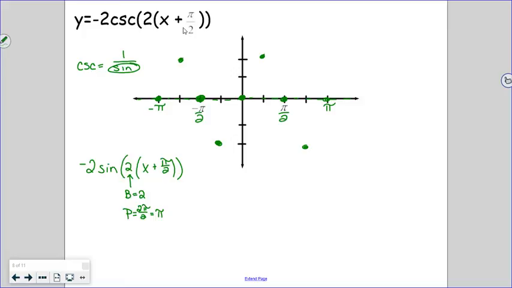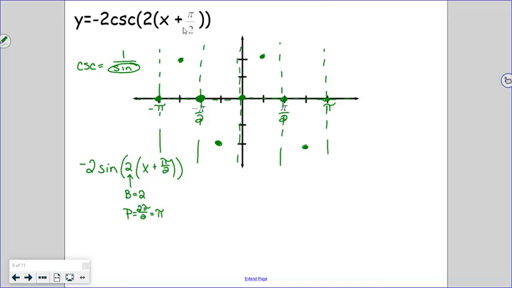So talk about the reflection over x and the amplitude and its impact on secant and cosecant. You need to get those into the sine or cosine curve that you are dotting out, but then they're taken care of. My asymptotes still don't move. Because I graphed the reflection here, it has taken what would have been the parabola up there and moved it down here, so the reflection is taken care of.